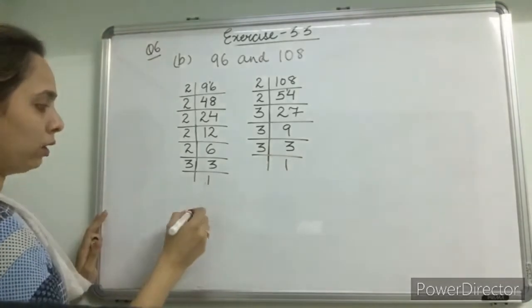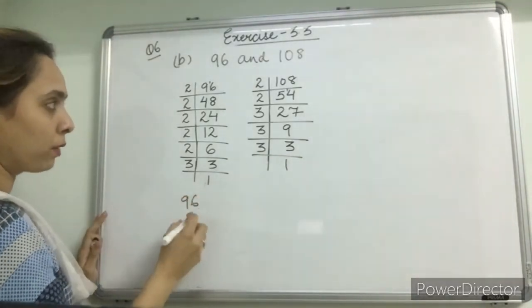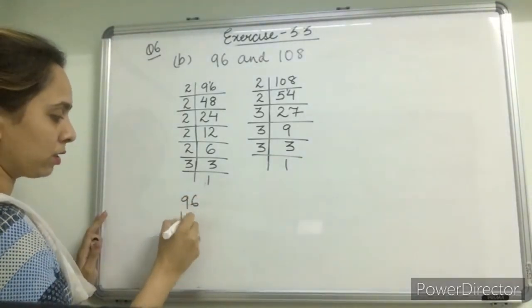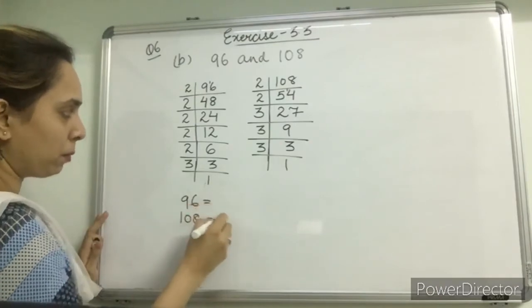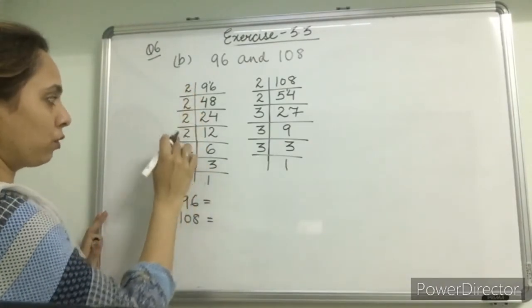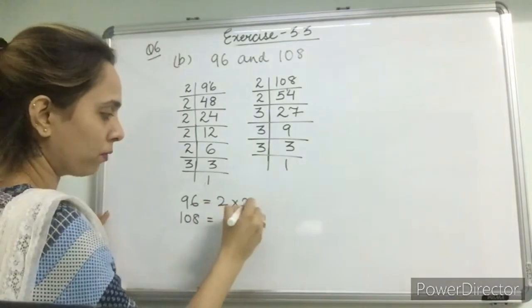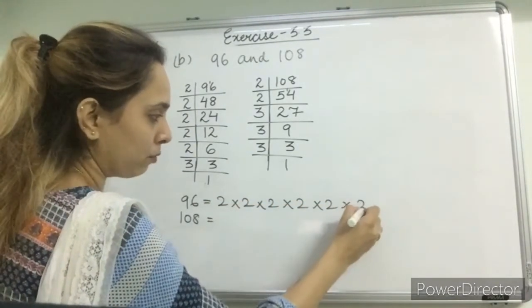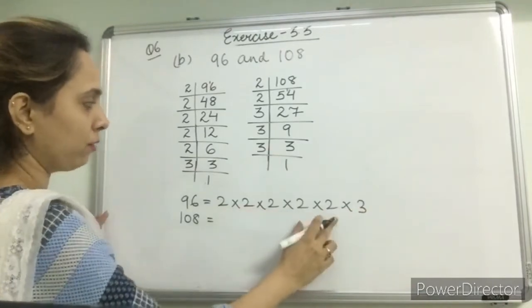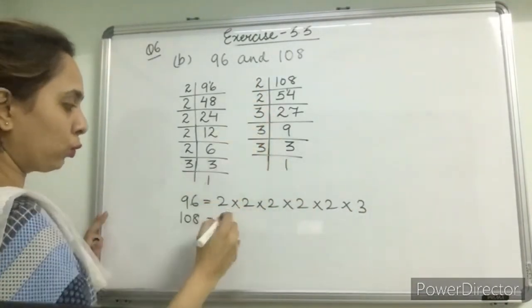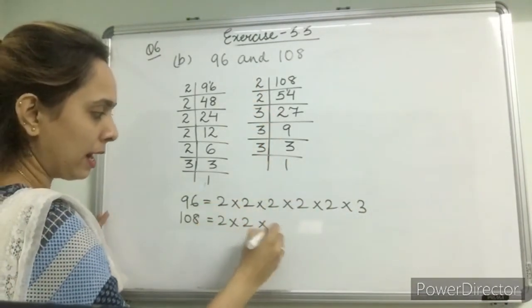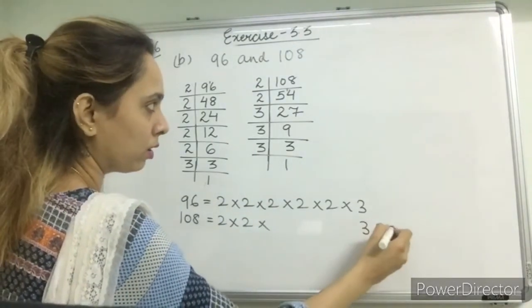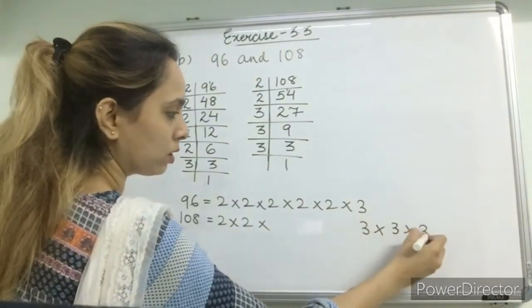So now we will write all the prime factors, prime numbers. 1, 2, 3, 4, 5 times 2 and 1 times 3. Here 1, 2, 2 times 2 and 3 times 3.